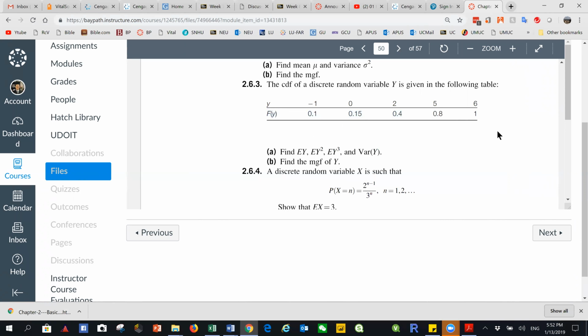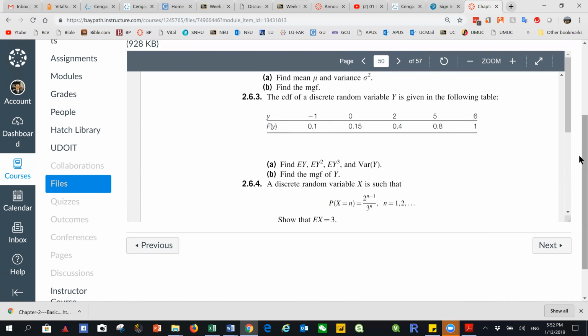You turn it into the PMF, and then multiply the square of each y value by that PMF, respectively. You will get it.